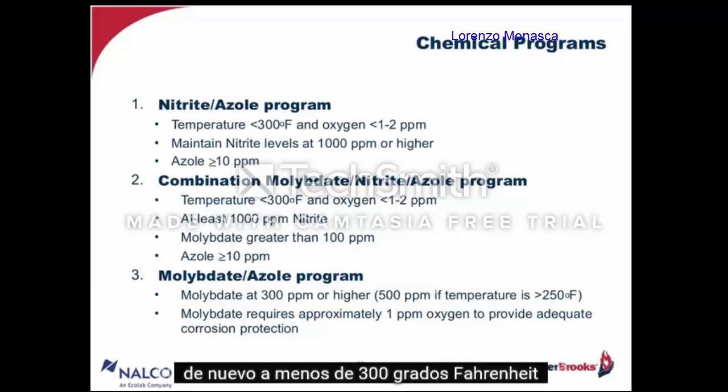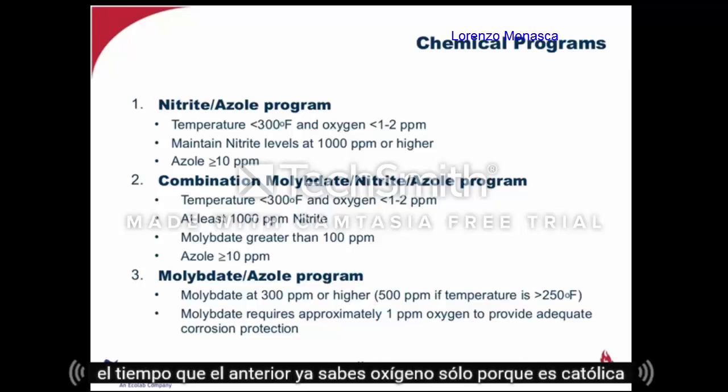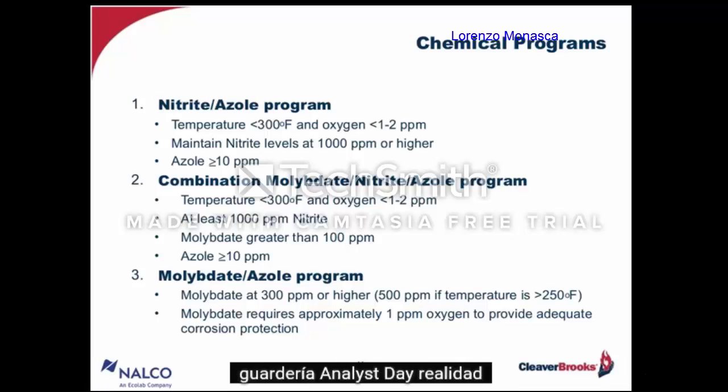Again, less than 300 degrees Fahrenheit, fairly low oxygen. We've added the molybdate to the former product, so very, very similar in concentration. Molybdate's going to be there somewhere in the 100 ppm level, azole at the same concentration. This program is a little bit less prone to problems than the previous one due to oxygen, just because it's got the molybdate there.